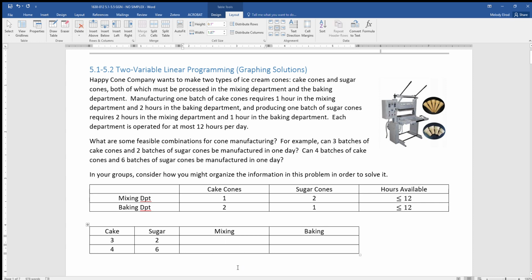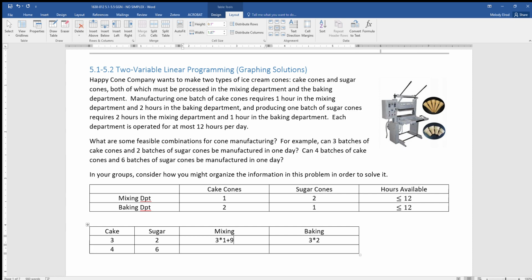And so if we do this, we can look back and say, okay, if we need 3 batches of cake cones, then that's going to be an hour in the mixing, 2 hours in the baking, right? So we've got 3 times 1 over here, and we've got 3 times 2 over here. But we also have 2 batches of sugar cones, which is going to be 2 in the mixing, 1 in the baking, right?